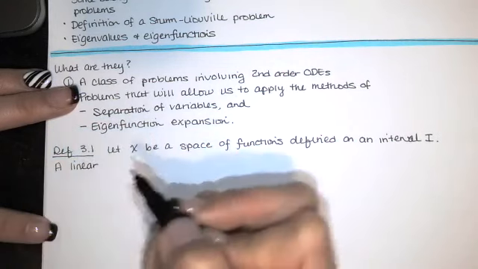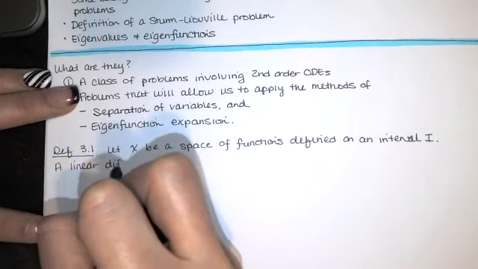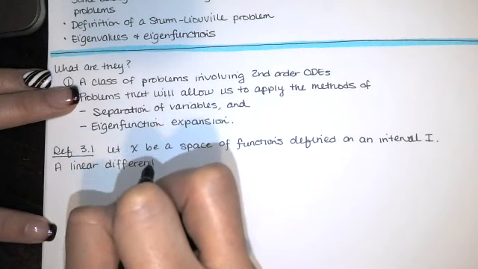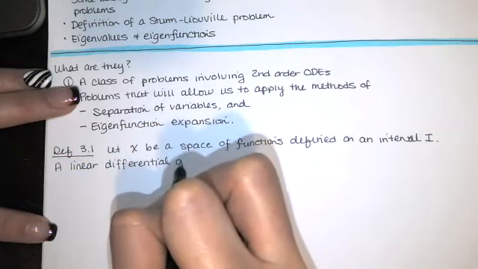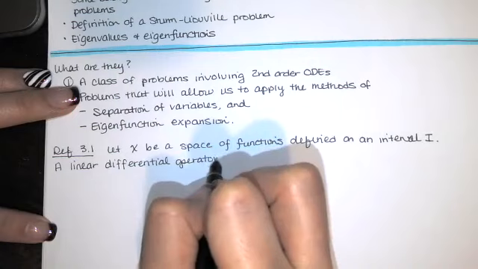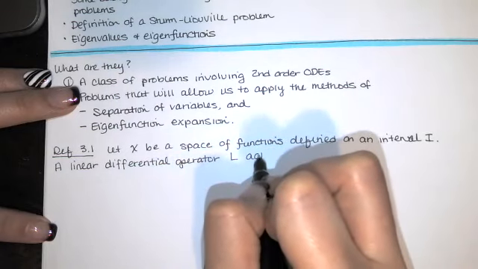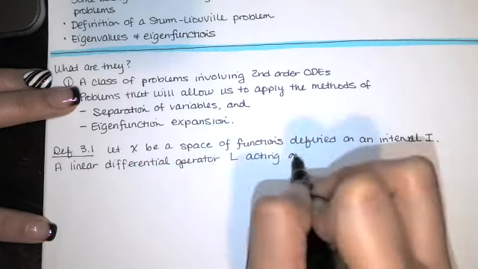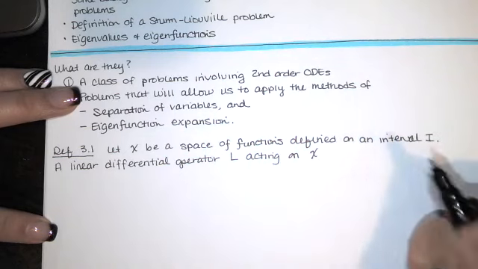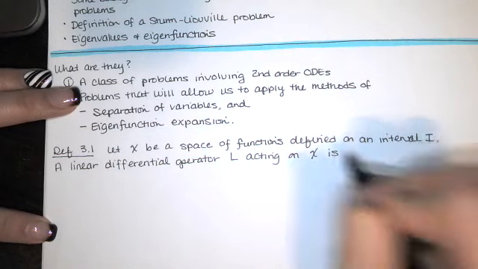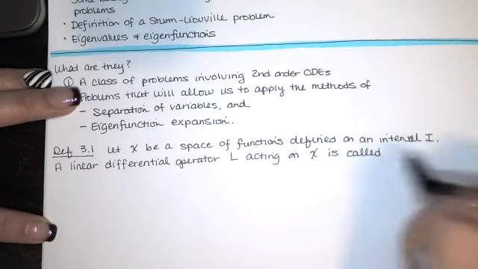Here's our definition: a linear differential operator L acting on that space of functions chi is called symmetric if the following is true.